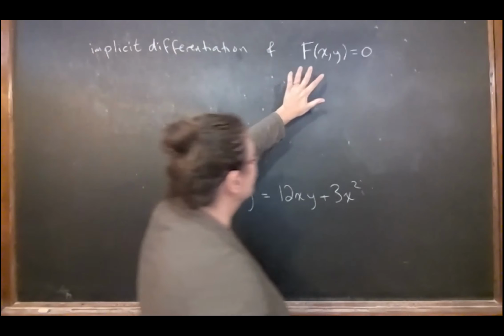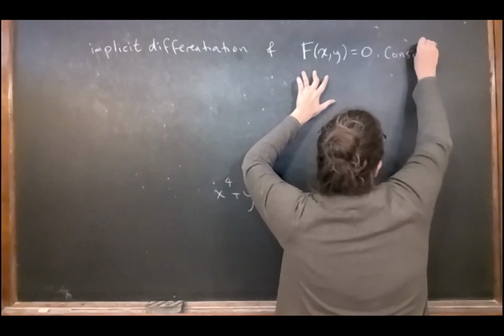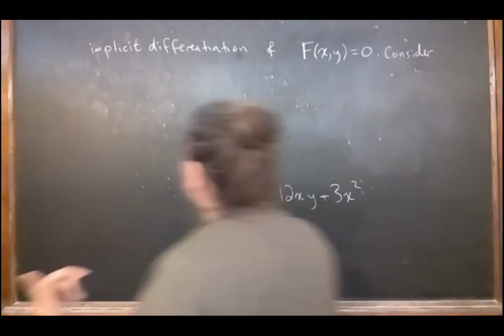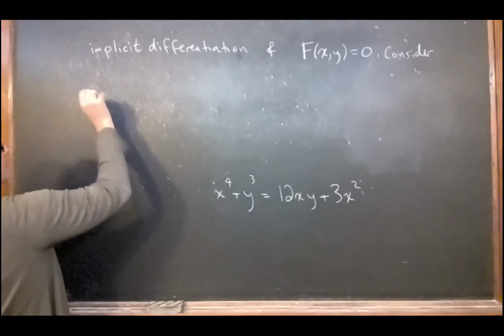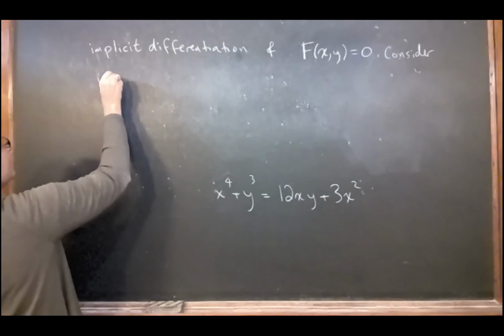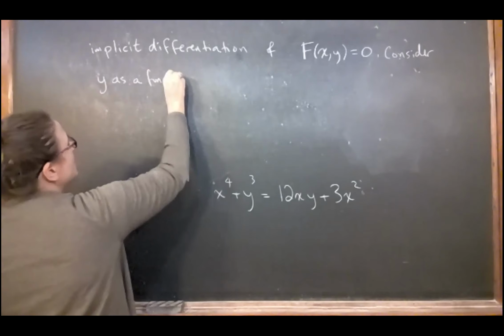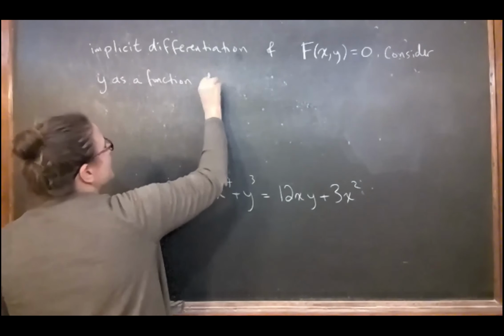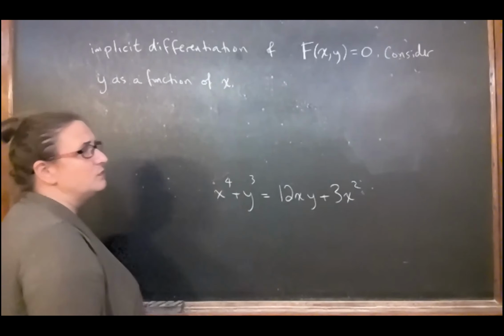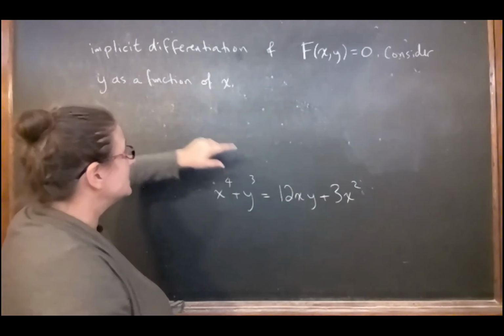When I say implicit differentiation, what I mean is I've got something like this. I'm going to consider y as the dependent variable and x as an independent variable. So I'm going to consider y as a function of x. I'm just not going to be able to write it that way explicitly in a formula, but I'm going to be able to consider it that way.